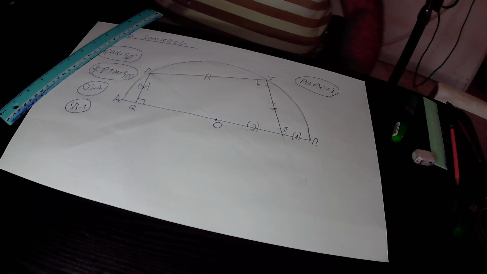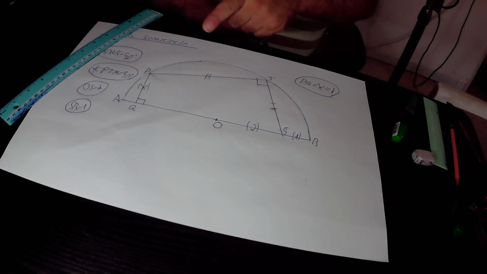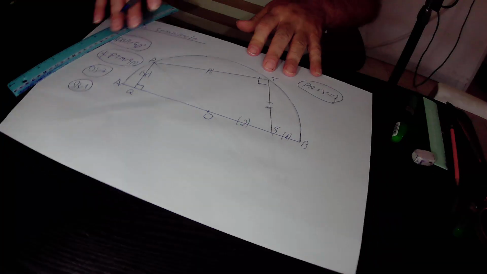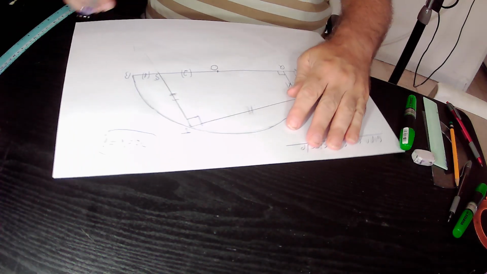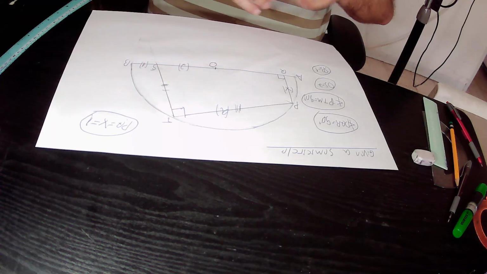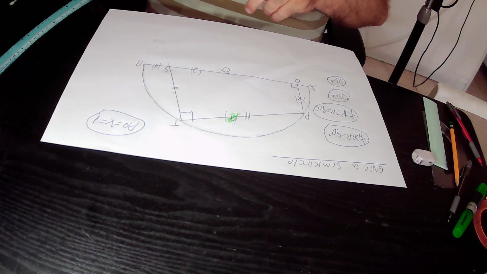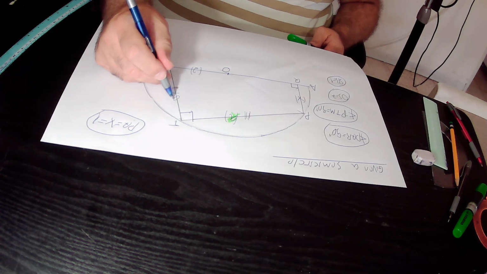We also know that PT equals TS. So if we define the length of PT as A, then the length of TS must also equal A because they are equal to each other.